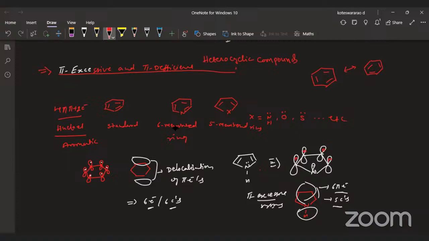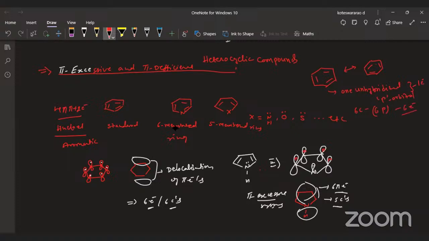Now look at this benzene. Every carbon has one unhybridized p orbital. Total 6 carbons means 6 unhybridized p orbitals. Each unhybridized p orbital has one electron, therefore there are 6 electrons.